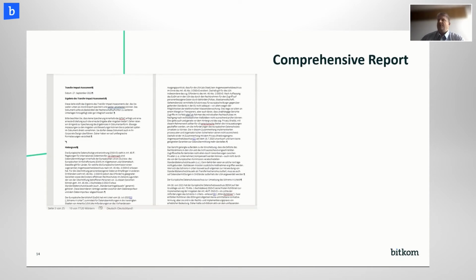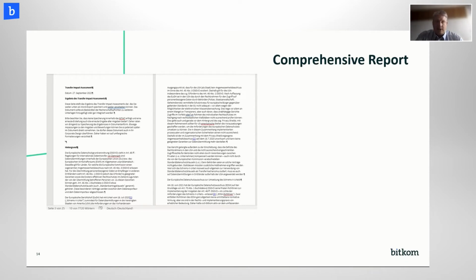The final report, obviously, this comprehensive report, and here you can see a very short excerpt, not only provides the individual findings and the measures and the results of the measures that have been analyzed as the tool had been used, but also certain background information. Obviously, we can't comprehensively explain every single aspect that is related to the background of individual data transfer to third countries.